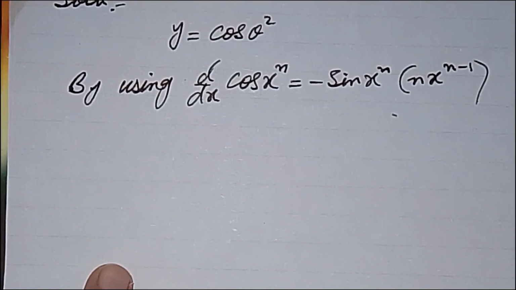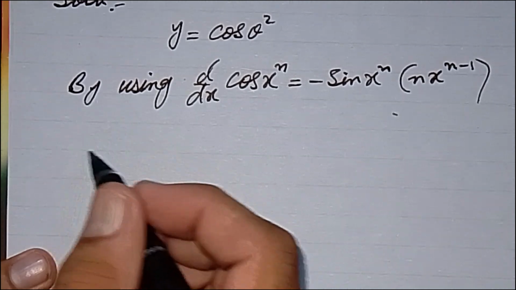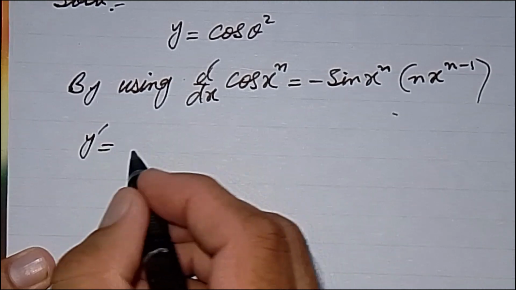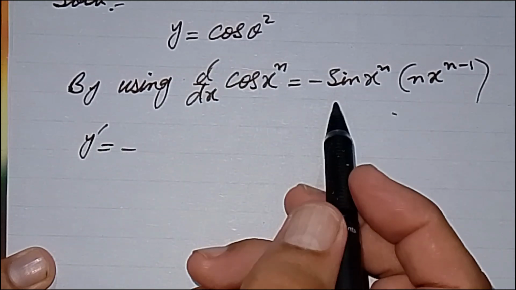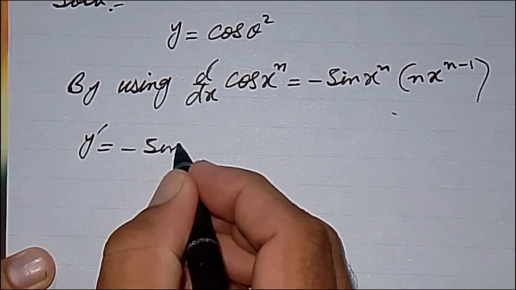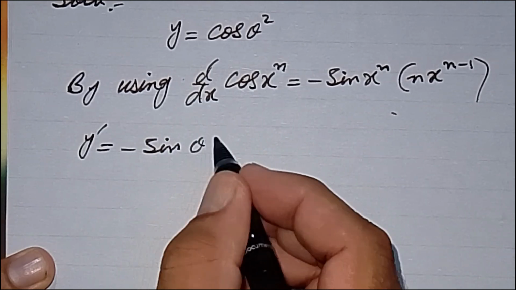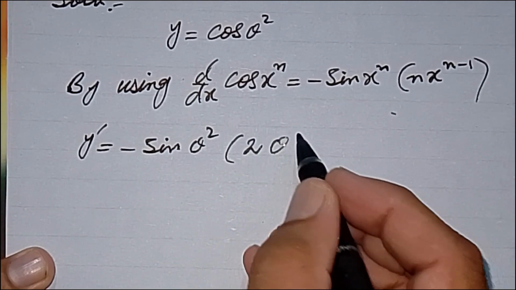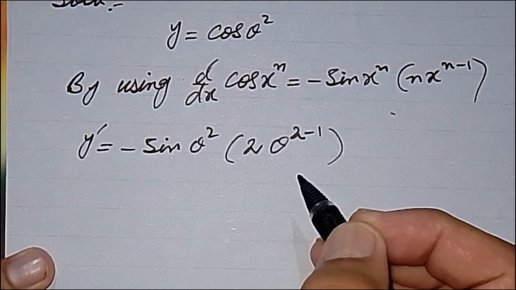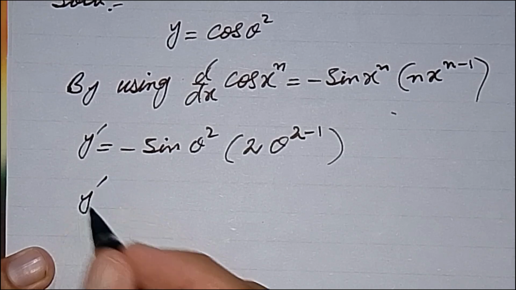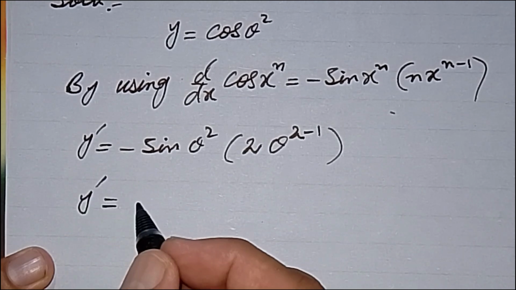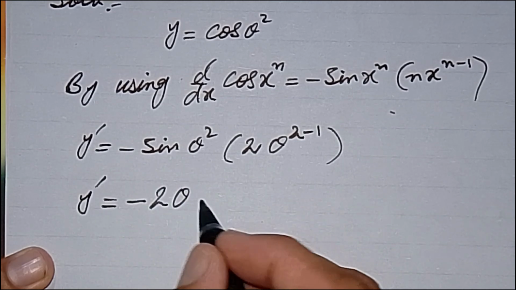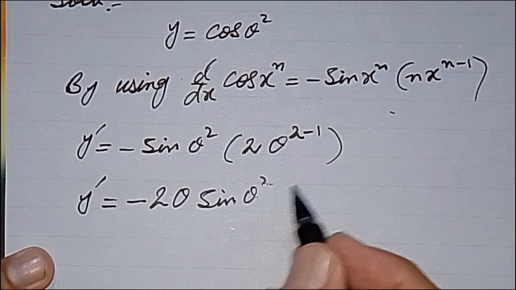Now y dash is equal to minus cos theta square minus sine theta square into 2 theta, 2 minus 1, which is equal to minus 2 theta sine theta square.